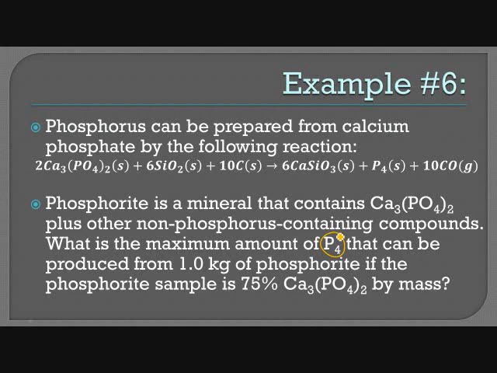So if we have 1 kilogram of the phosphorite, this is saying that only 75% of it is actually the calcium phosphate, which is a part of our reaction. Okay, so we have to just use this percentage to help us get on our way.